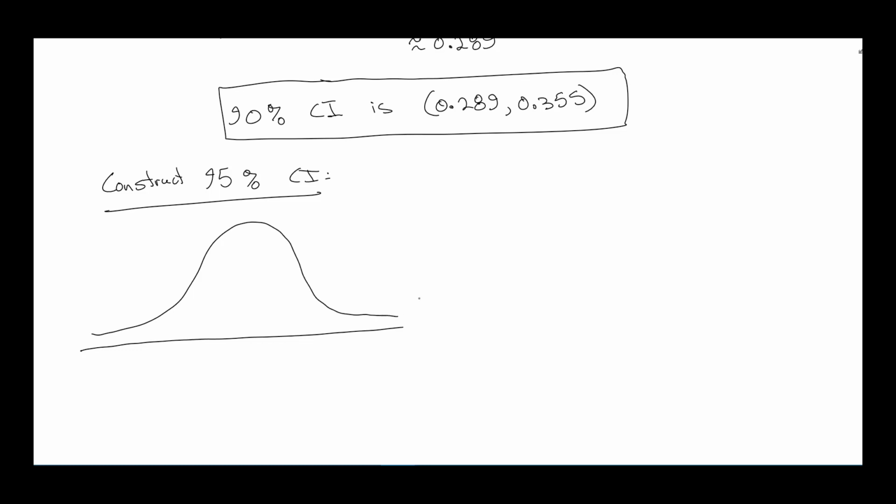Okay, and let's figure out what our alpha is going to be. My alpha is going to be 1 minus that 0.95, so that is going to be 0.05. And so then what are we going to do with that? For confidence intervals, they're always two-tailed, because we've got to add and subtract from the point estimate. So we're always going to put half of the alpha into each tail.